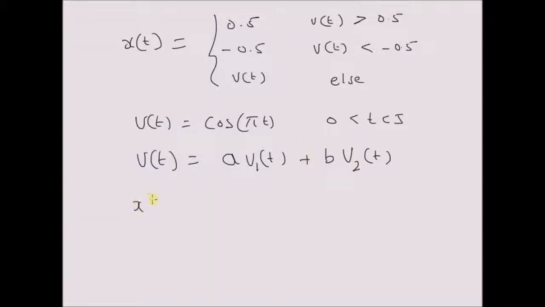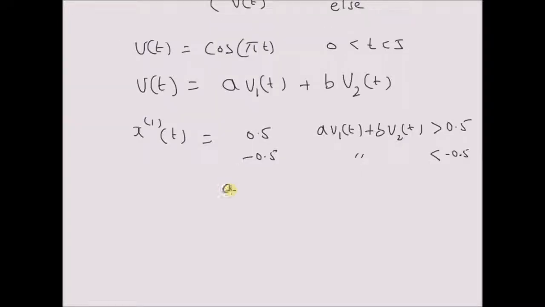Then the corresponding output x1 of t is equal to 0.5 when this sum, that is a times V1 of t plus b times V2 of t, is greater than 0.5, and minus 0.5 when this sum is less than minus 0.5, and is equal to the sum elsewhere.